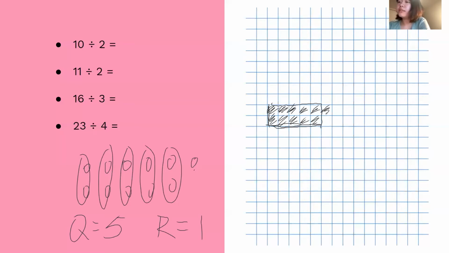So the width is 2 and the length is 5. And we have this extra square right here. So we can say this is the remainder 1. So our quotient is the length, which is 5, and our remainder is 1. So 11 divided by 2 equals 5 remainder 1.